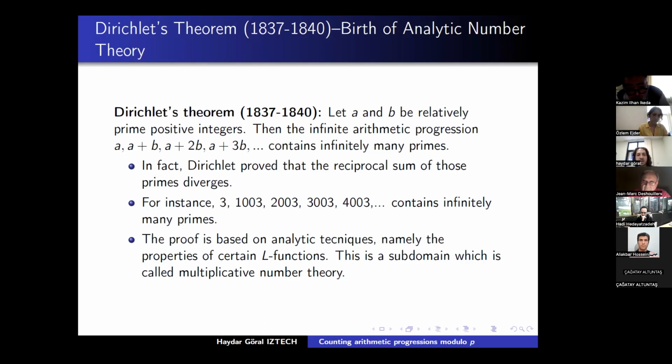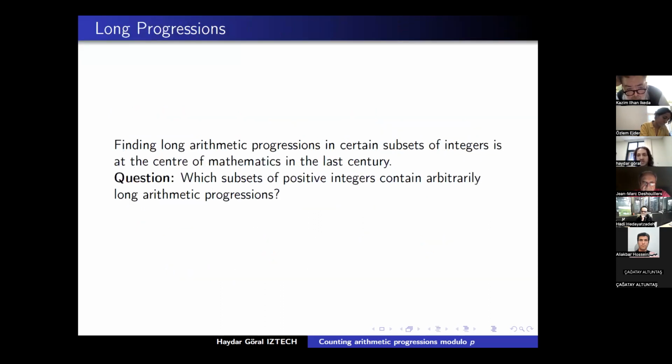This time, you are looking at an infinite arithmetic progression, then you extract some special numbers from this. Then the other question is, if you are given some sequence, can you find arithmetic progressions in this sequence? The reverse question. So the leading question of the talk is: which subsets of positive integers contain arbitrarily long arithmetic progressions?